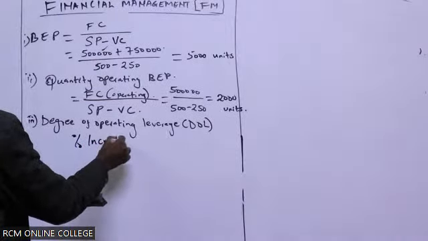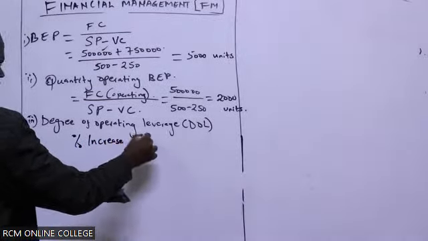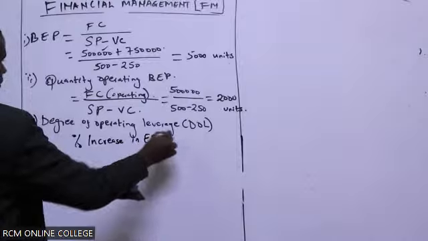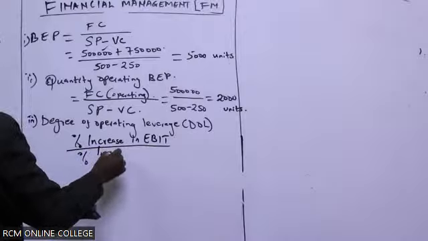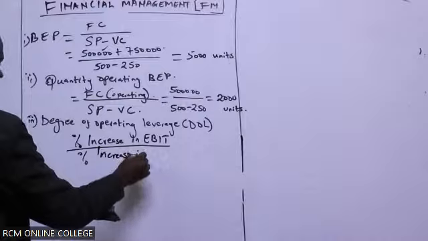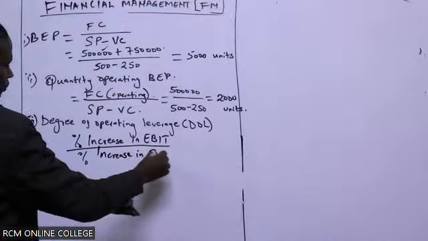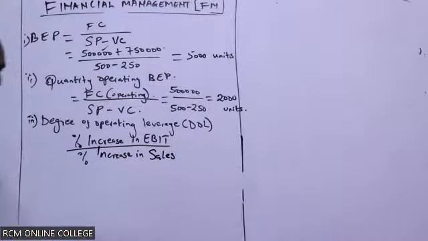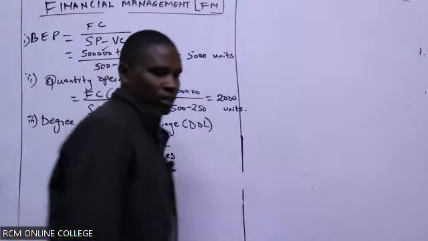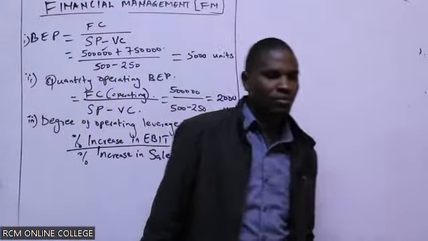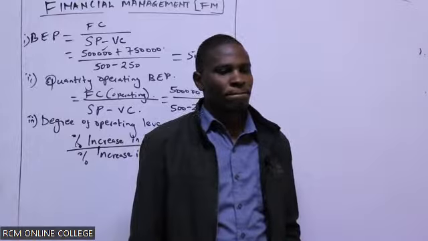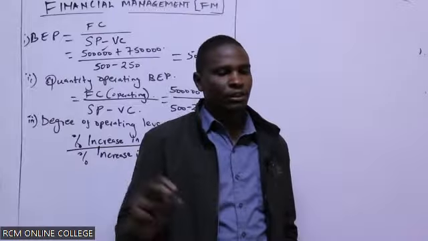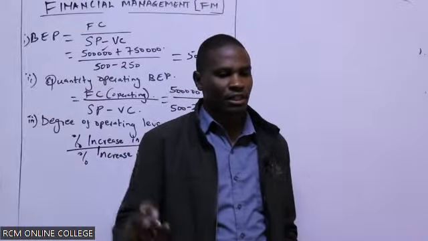Increase or change in EBIT divided by percentage change, percentage increase in sales. The change in sales. Was that the formula? Hiyo ndio ili tulisema percentage change in EBIT divided by percentage change in sales.